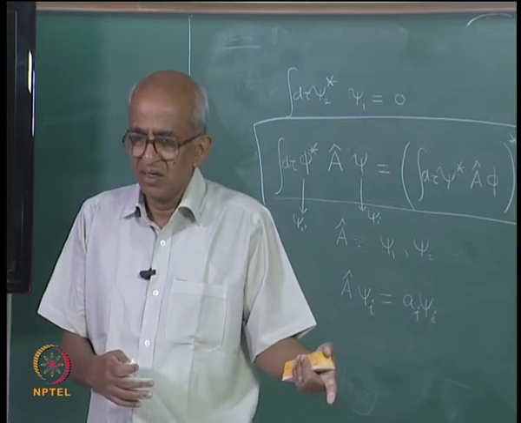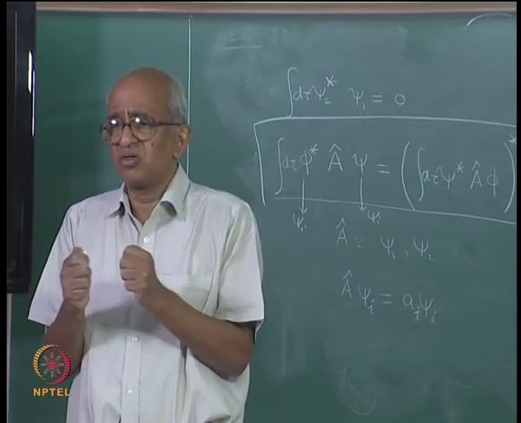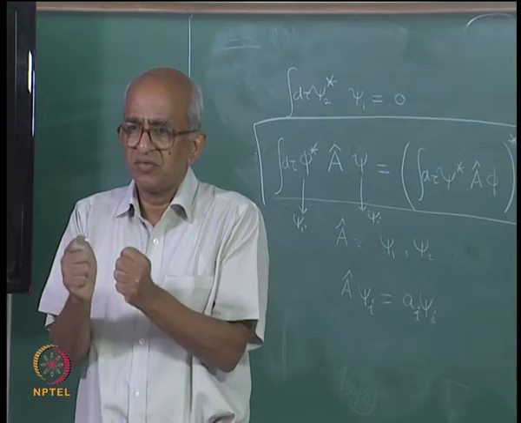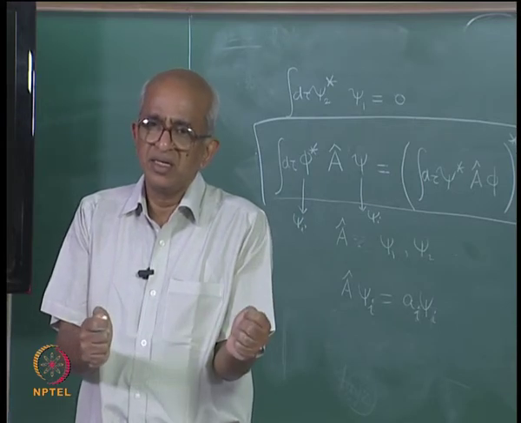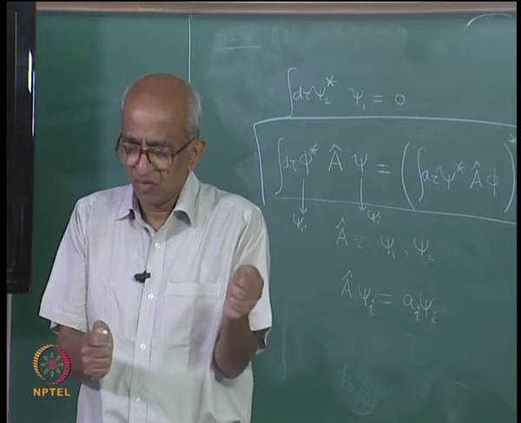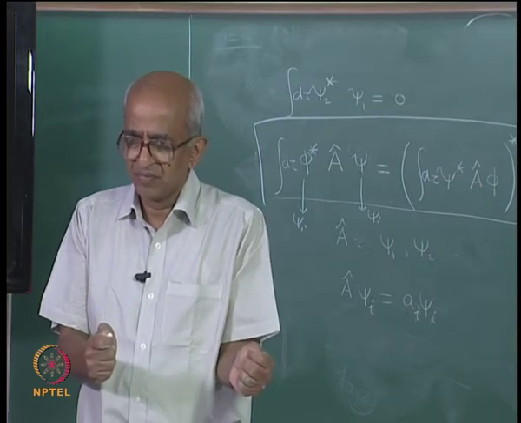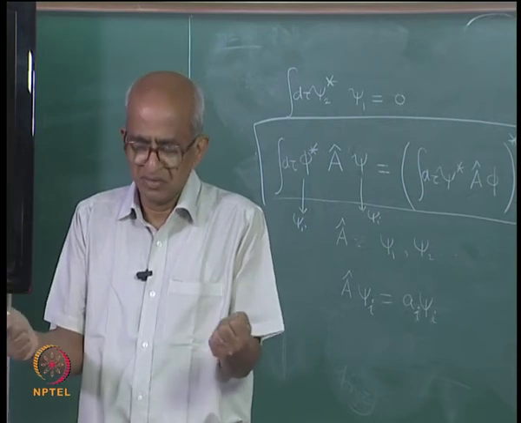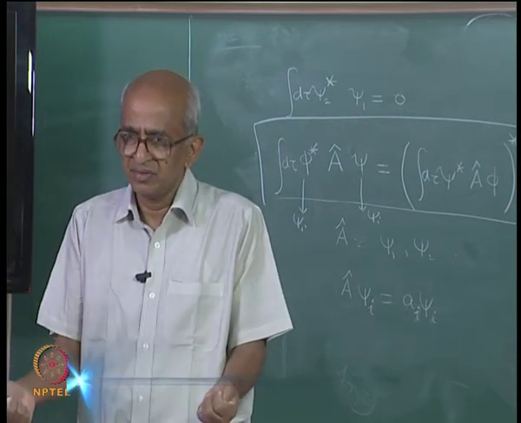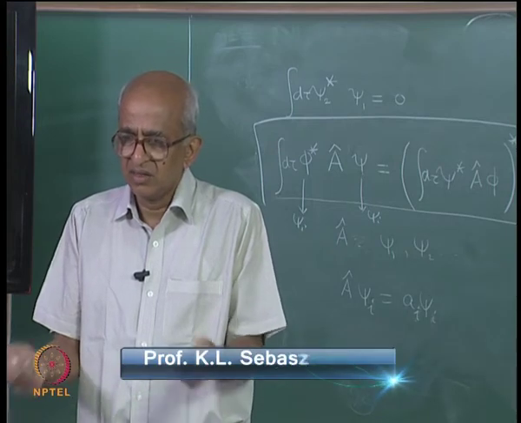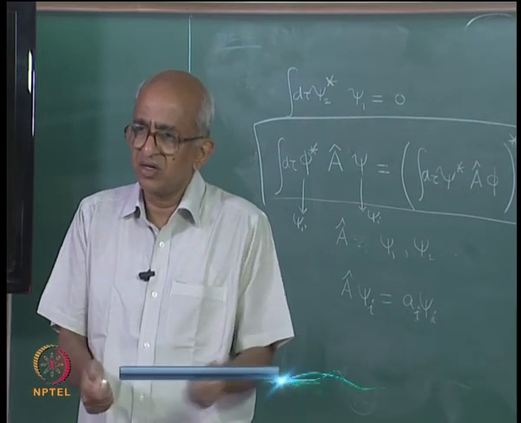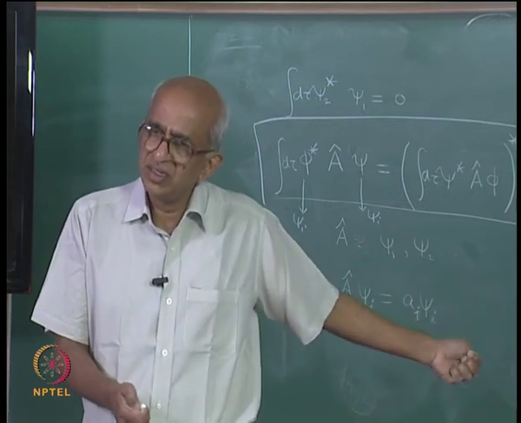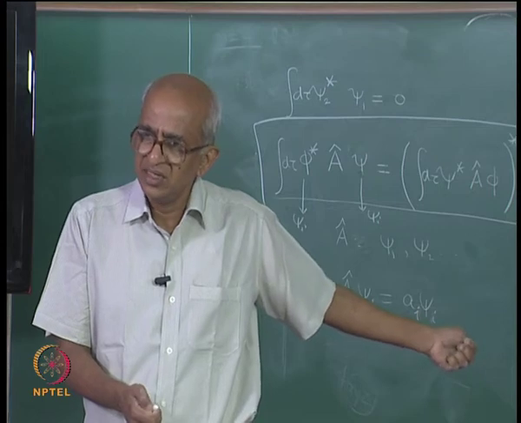In postulate number 3 we talked about measurements, and we said that if I make a measurement, the answer has to be an eigenvalue of the corresponding operator. And we know that when we make measurements, the answers that we get are real numbers. And therefore, it is necessary that the eigenvalues should be real, and for a Hermitian operator, the eigenvalues are guaranteed to be real.